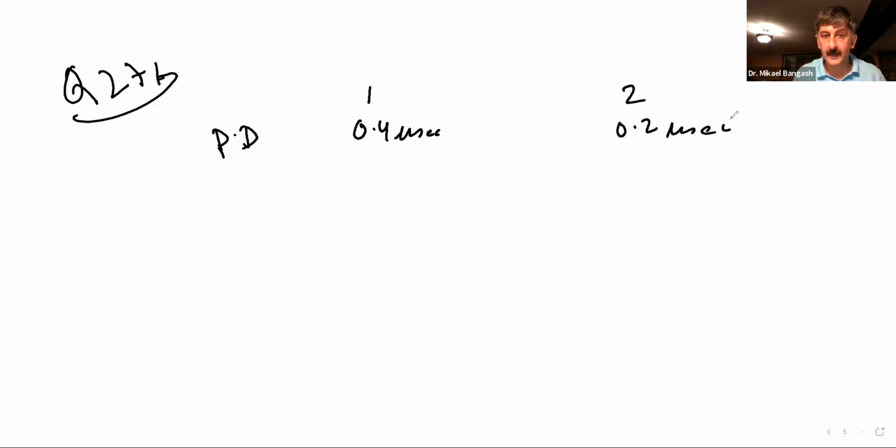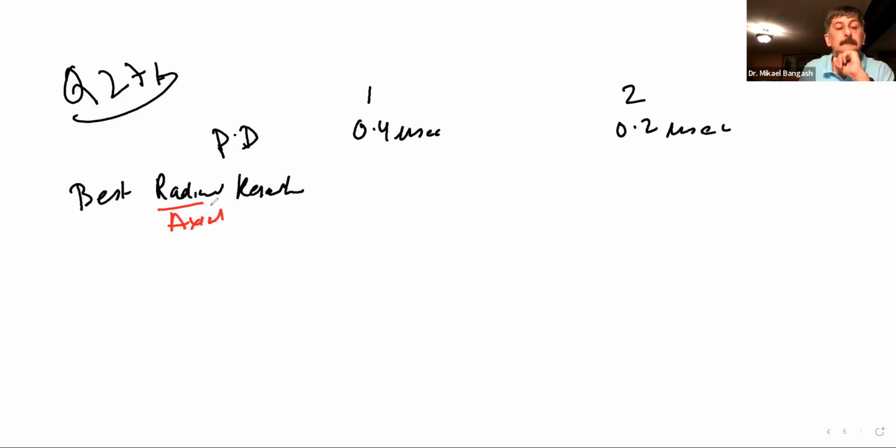Now, what they ask here is which of these two is going to give you the best radial resolution, also called axial resolution. Some of you may say, well, it can't be determined.